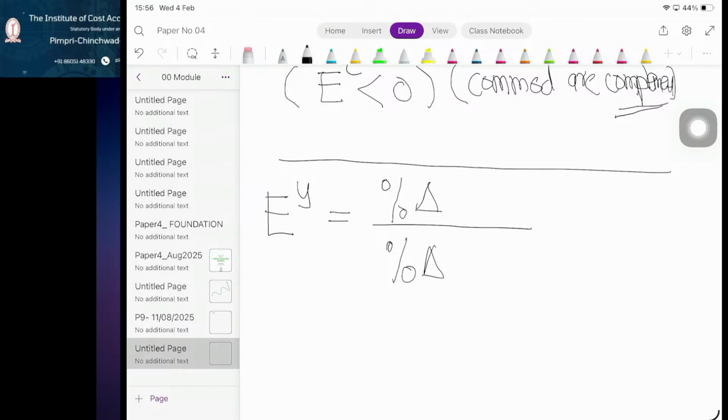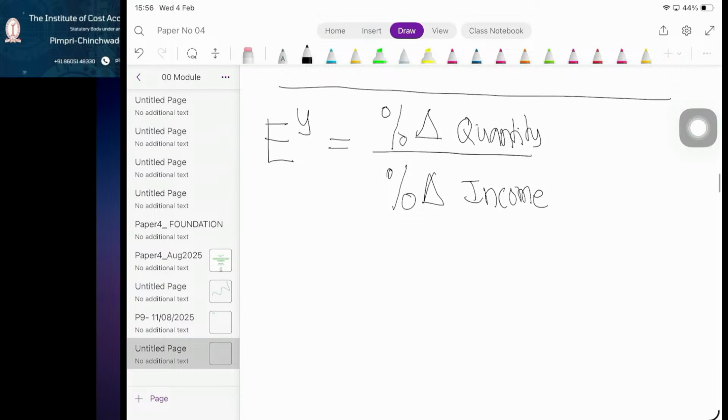I want you to fill this. What will you write here? In one you have to write quantity, in one you have to write income. Where will you write quantity? Where will you write income? Very good. Quantity, and in the denominator you will write percentage change in income. Okay.